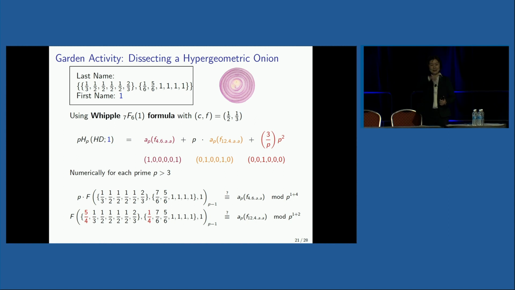The first slice, the outer layer, is a weight 6 modular form of level 4. The middle layer is a weight 4 modular form corresponding to the 4F3 on the right-hand side of the Whipple formula. There is also an inner layer, which is P. Clearly, this decomposition tells us that there is actually a motive, and the representation has a decomposition into 3 pieces. 2 plus 2 plus 1 are the corresponding dimensions.